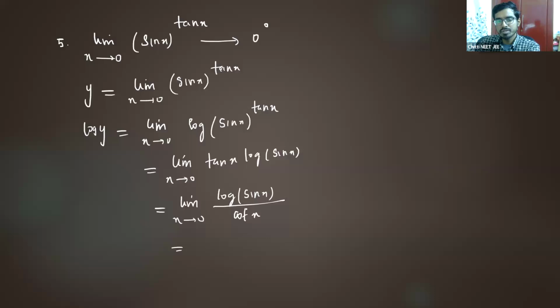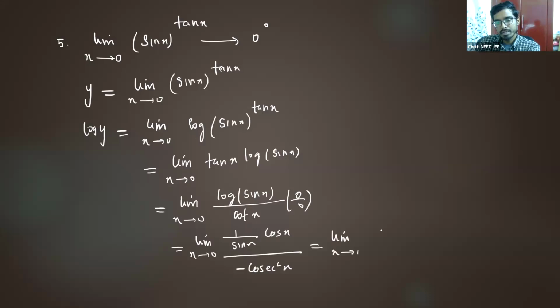So again, it is 0 by 0 form. Sin 0 is 0. It is infinity by infinity form actually. So you differentiate this. So limit x tending to 0, log of sin x, so 1 by sin x into cos x. Cot x is minus cosecant square x. So we have limit x tending to 0, cos x by sin x.